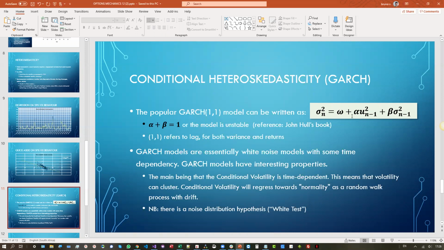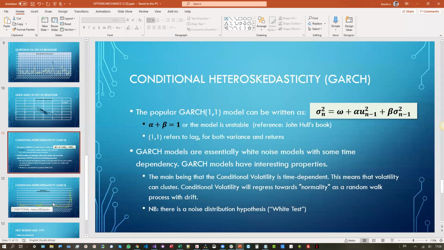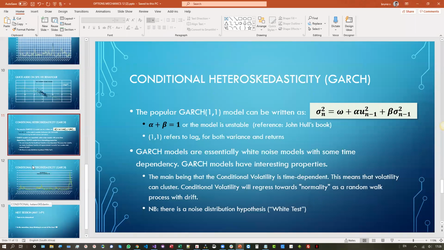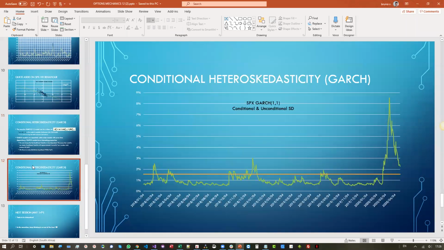I just cooked up an Excel spreadsheet this morning, and I can send it to you. I calculated GARCH on SPX, on the volatility, and as well, it is no surprise that the volatility as explained by GARCH has gone crazy. It's gone absolutely crazy.